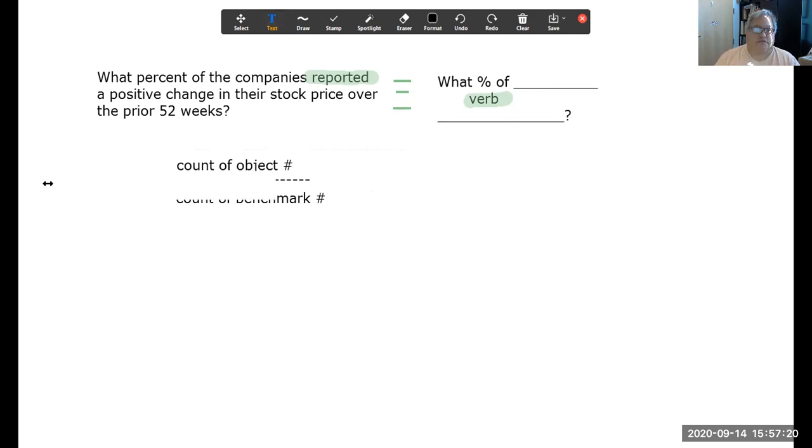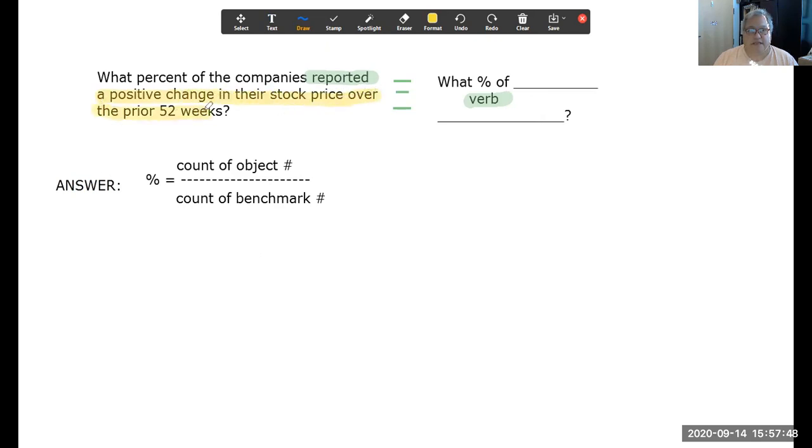So in order to answer a question about a percentage, we need to read the question as it is stated and identify the object and identify the benchmark. The object is going to be what is after the verb.